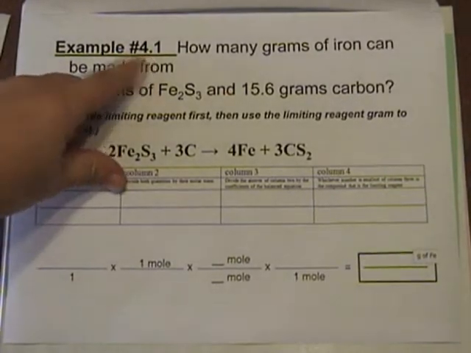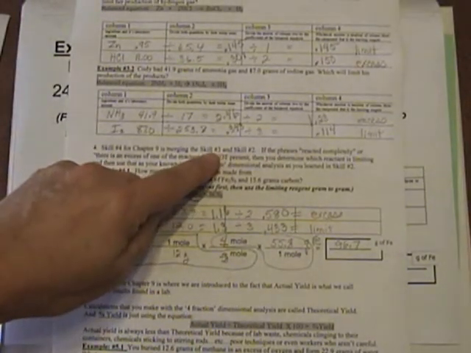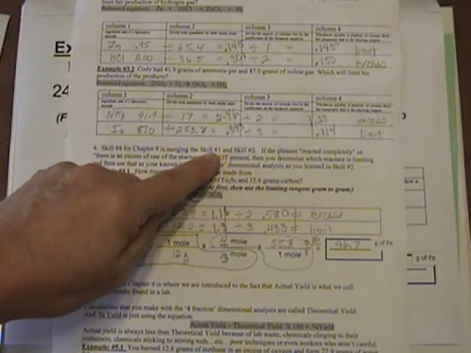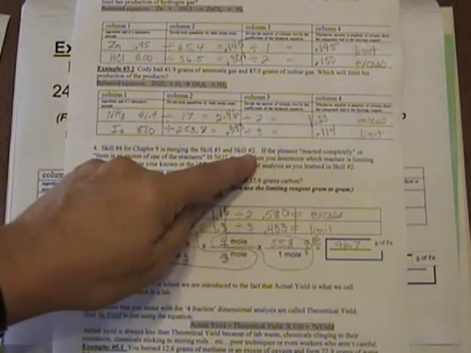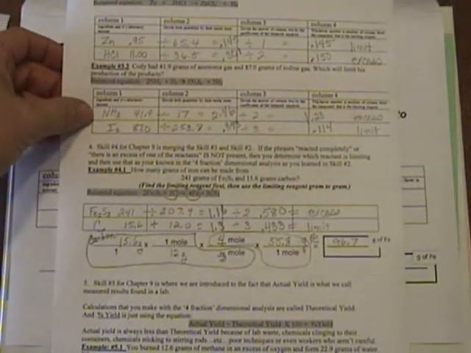Okay, example 4.1 is located on page 3 of 4 in your stoichiometry notes, and it's a combination of two skills. It's a combination of skill 3 that we just learned, how to find limiting reagent, and skill 2, which is how to use a 4-fraction kind of equation of conversion factors.